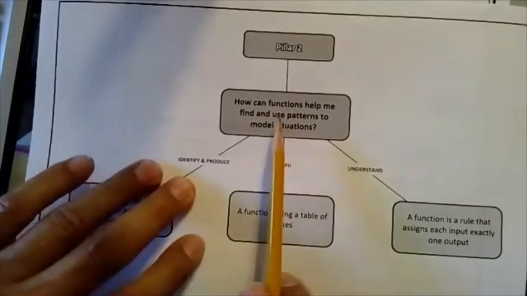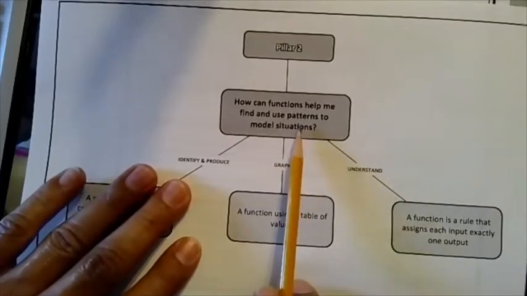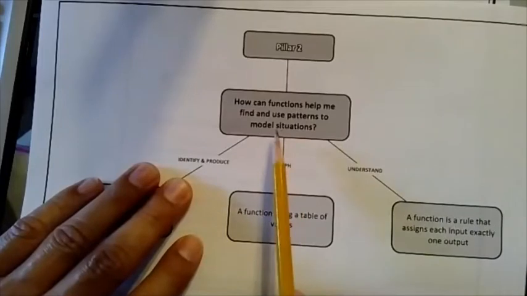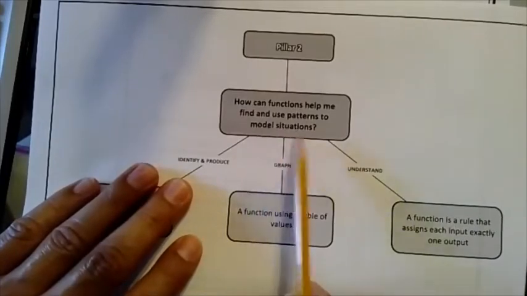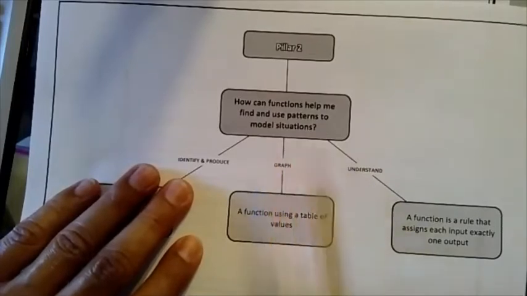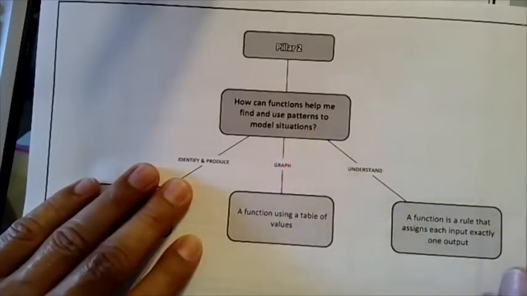Functions can help us basically use math in real world situations. But in order for us to use math in real world situations, we need to know how to turn real world situations into numbers and functions. So that's what we're going to do.